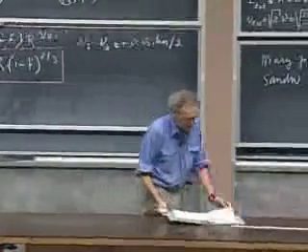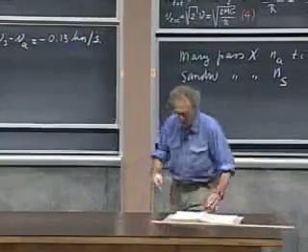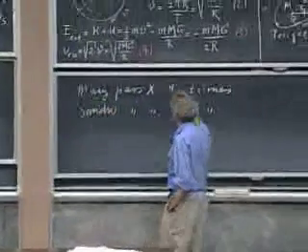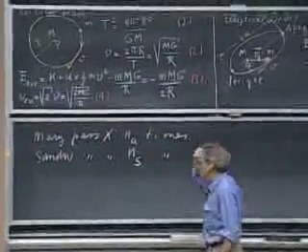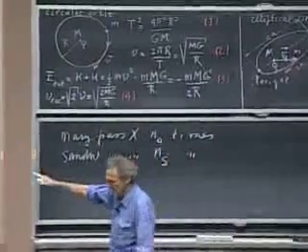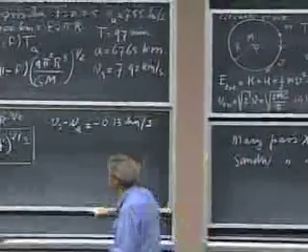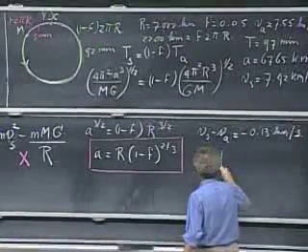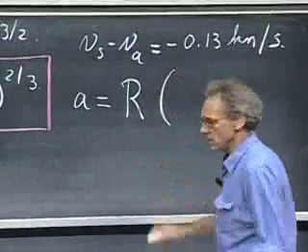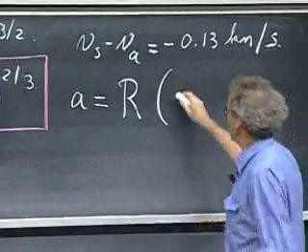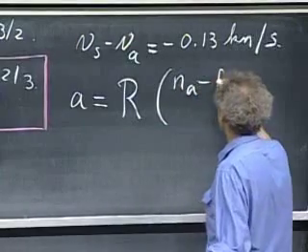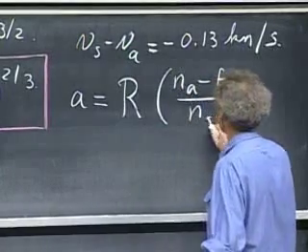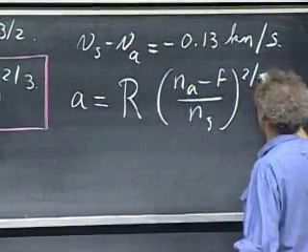And if you take this new concept into account, that you can wait a certain number of passages through X, then the equation that you see there, the relation between A and R, changes only slightly. You now get that A equals R times (N_A minus F) divided by N_S, to the power 2/3.